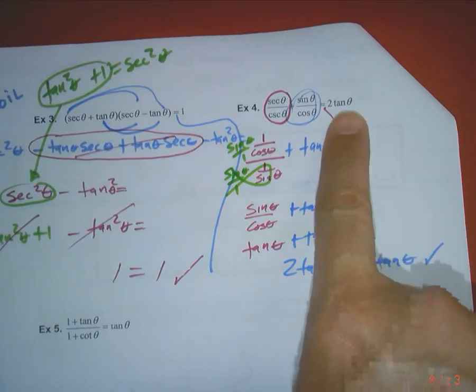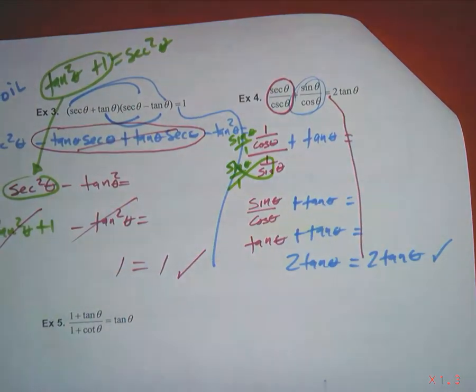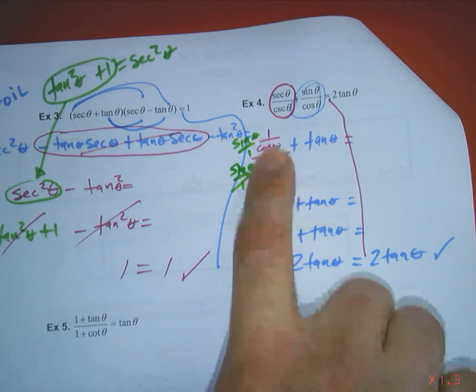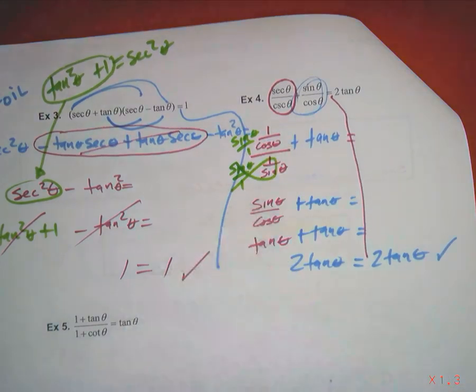I always look at this side and say, well, what is tangent? Tangent is sine over cosine. So if I can get things in terms of sines and cosines, I can change those to tangent, and I'm good to go. That one we could change right away. This one, Johnny G said, let's change that to 1 over cosine, 1 over sine, and now we can simplify that.